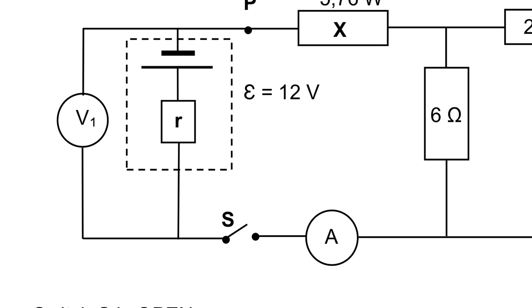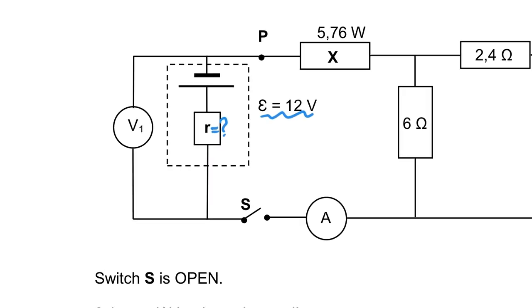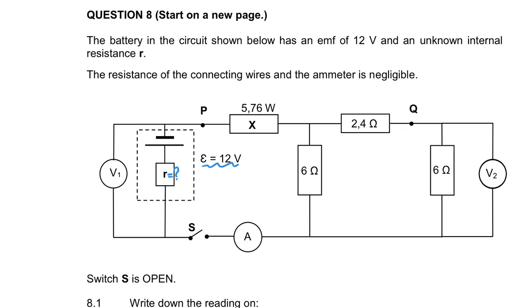So if we look here, this is unknown. So we have the EMF. Then it says the resistance of the connecting wires and the ammeter is negligible. This is normally stated, and the reason for that is such that we can assume that the resistance of the ammeter is 0, so any volt drop across an ammeter is 0 volts.